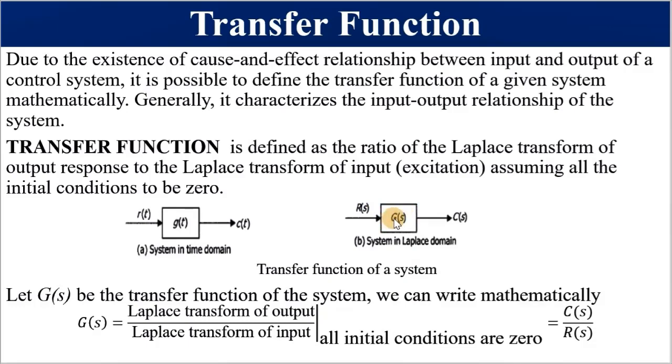This G stands for gain, and it is the Laplace transform of the output C of S divided by the Laplace transform of the input, which is R of S, and the assumption is all initial conditions are zero.